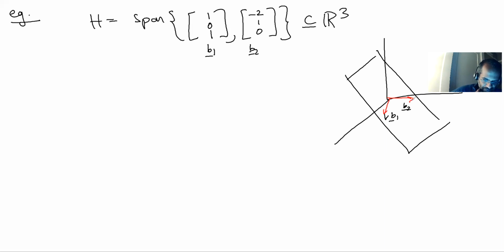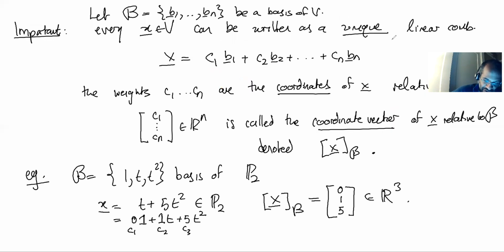Okay. Now H is a vector space, right? So B1 and B2 are a basis. Let's call this thing B. This is a basis of H, right? This is like the concept we learned before the midterm. But actually the same reasoning applies here, because a subspace is also just a vector space in its own right.